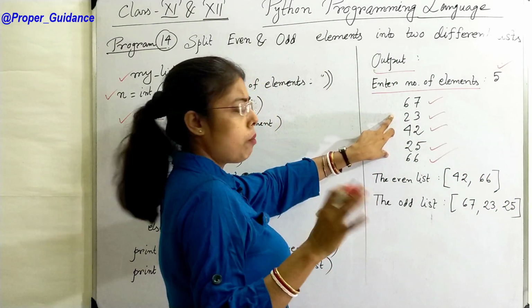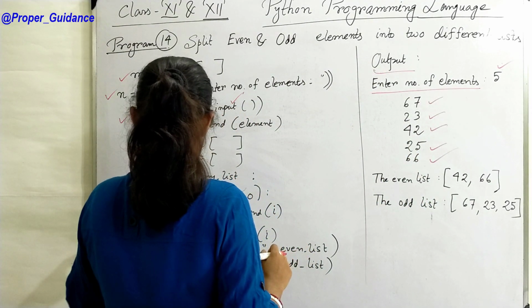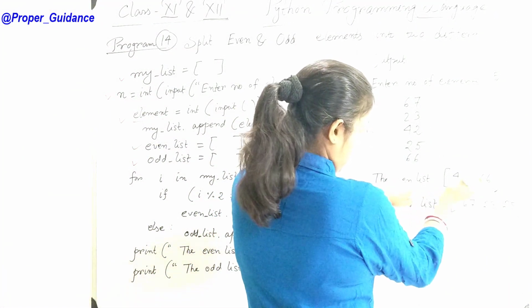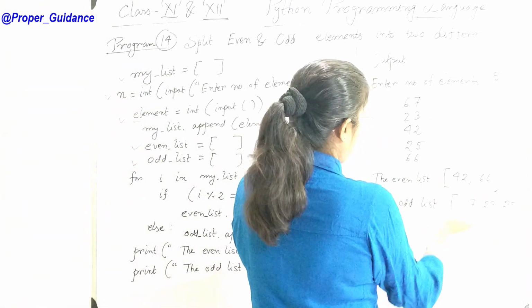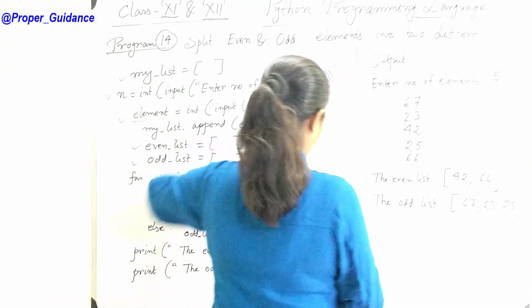Whatever integers you like, you can take. After that, it will print the even list, having the even numbers 42 and 66, and the odd list will have the odd numbers 67, 23 and 25. This is the output of this program.